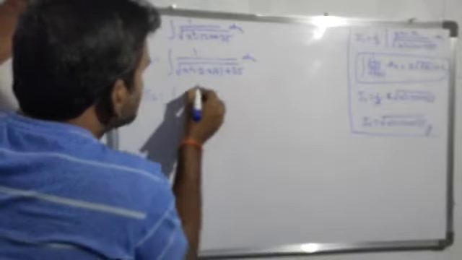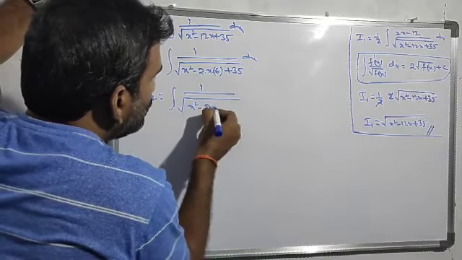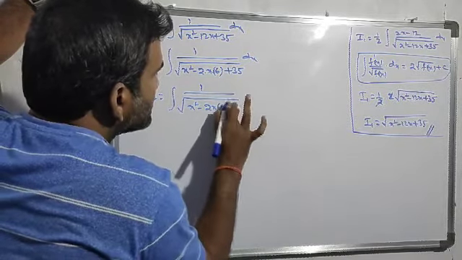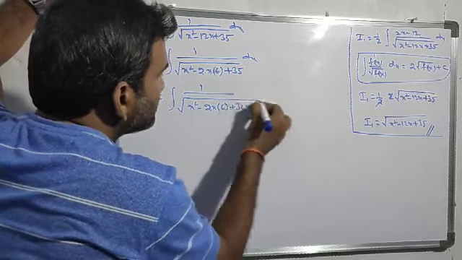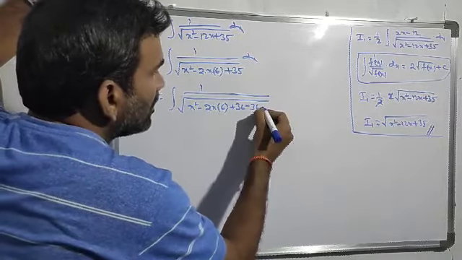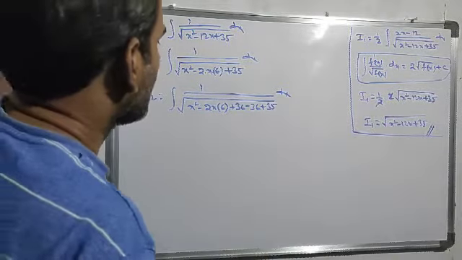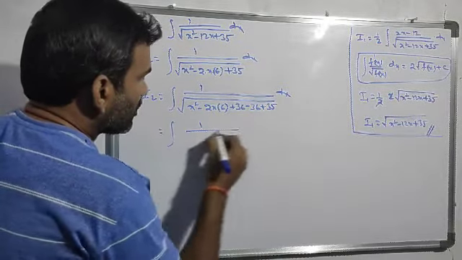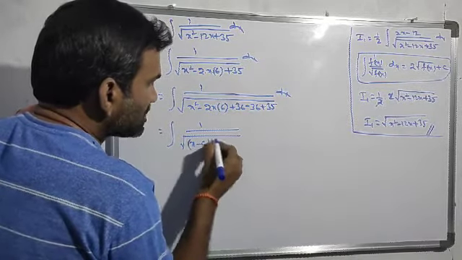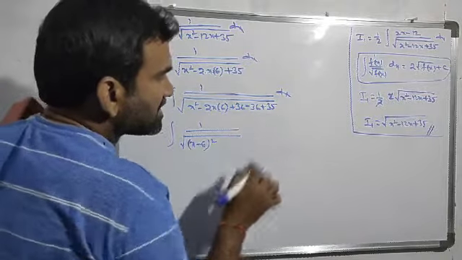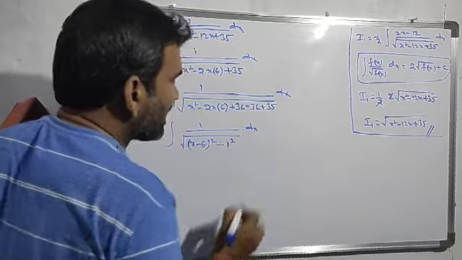So I2 equals integration of 1 by square root of x square minus 2ab plus b square, where b square means plus 36 minus 36, plus 35 into dx. So I can write the integration of 1 by square root of, for these three terms, x minus 6 whole square, minus 36 plus 35 means minus 1. 1 I can write as 1 square also.